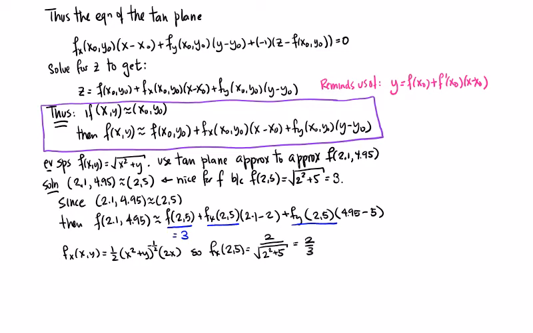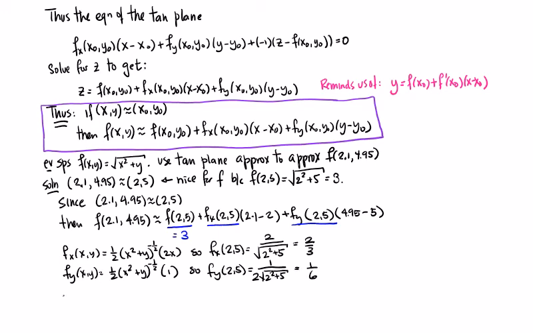That's 2/3. We have f sub y of x, y is 1/2 times x squared plus y to the minus 1/2 times the derivative of the inside, which is 1 in this case. So f sub y of 2, 5: our numerator is just 1, but down below we have a 2 as well, and the square root of 2 squared plus 5, which is 1/6.